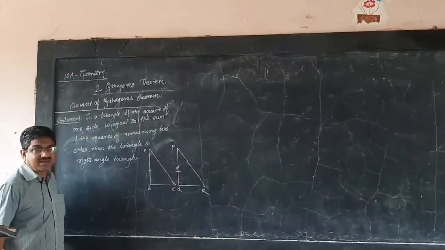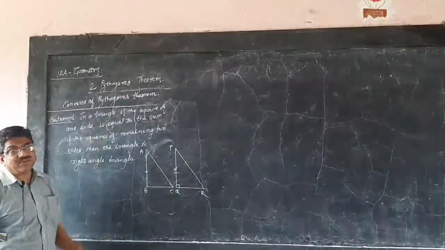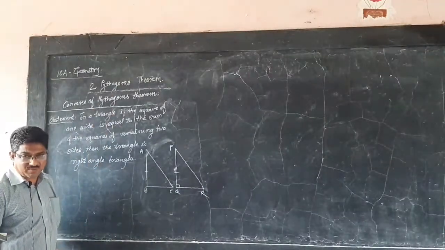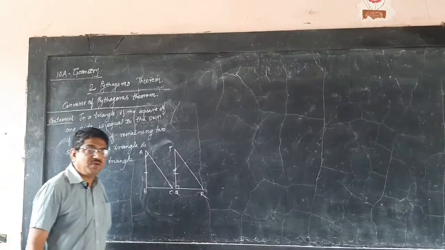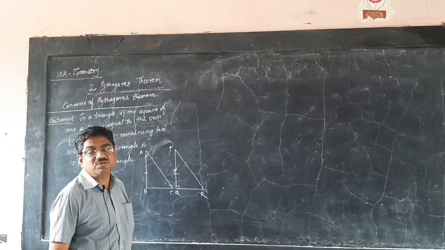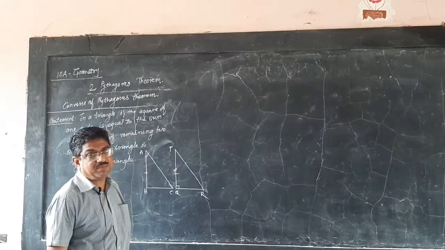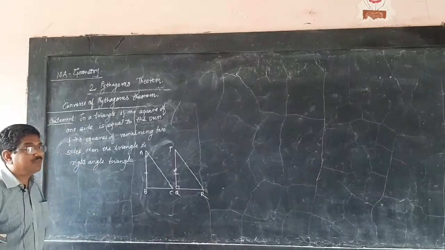Now, the last theorem, that is the converse of Pythagoras theorem. The Pythagoras theorem that we have studied says the square of the hypotenuse is equal to the sum of the squares of the remaining two sides. Now, what is the converse, the opposite of it?